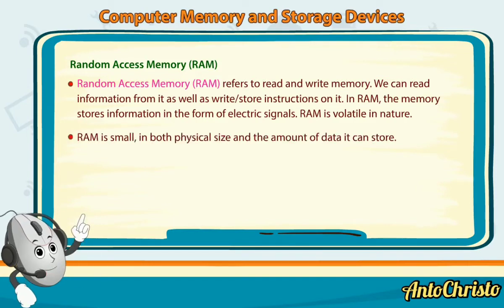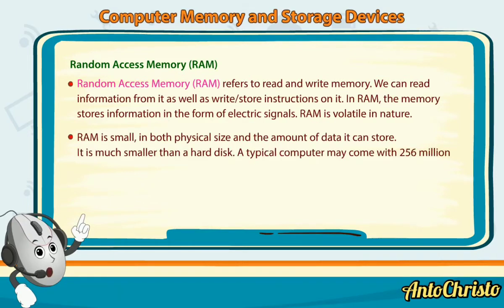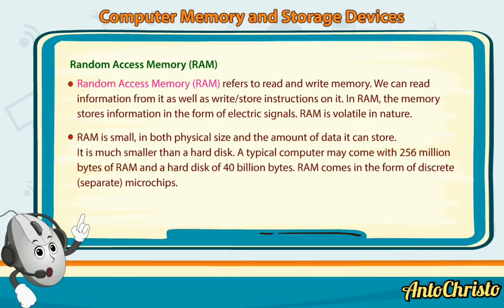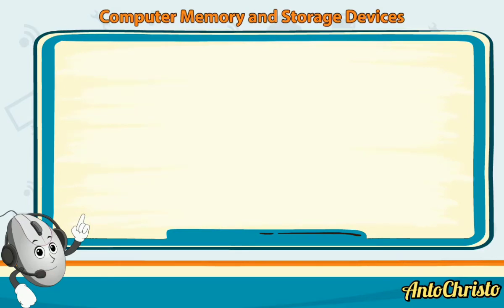RAM is small in both physical size and the amount of data it can store. It is much smaller than a hard disk. A typical computer may come with 256 million bytes of RAM and a hard disk of 40 billion bytes. RAM comes in the form of discrete, separate microchips.